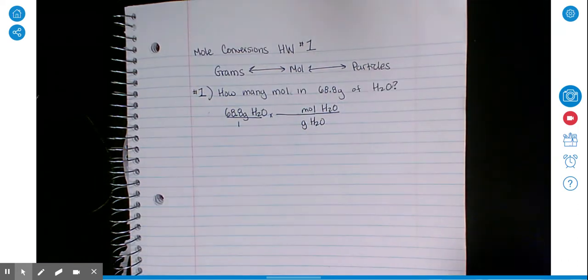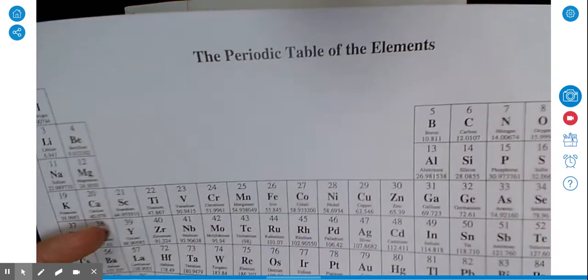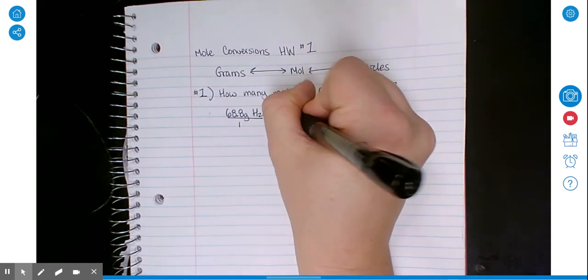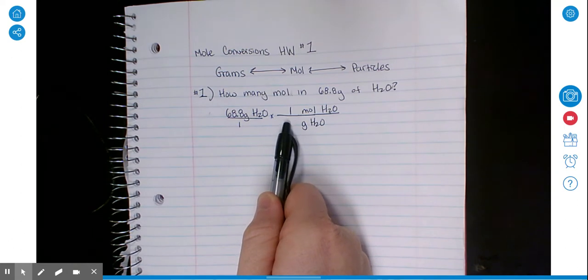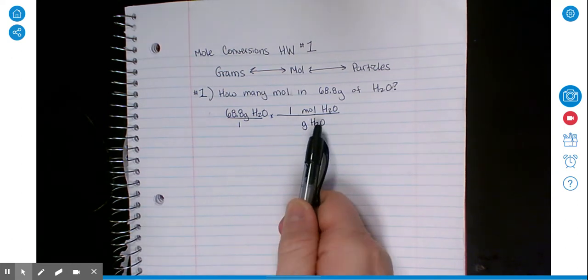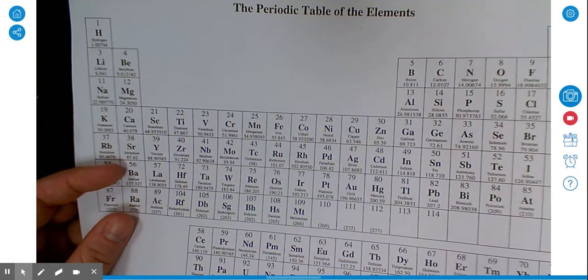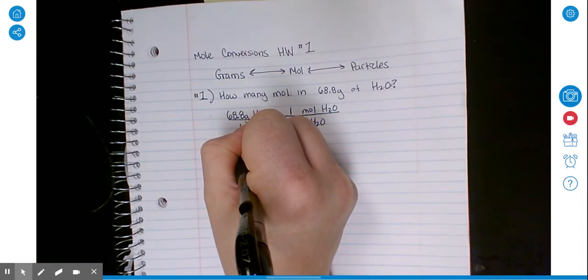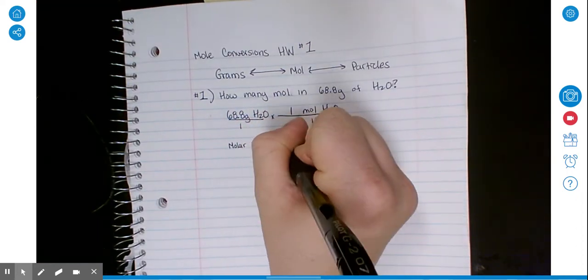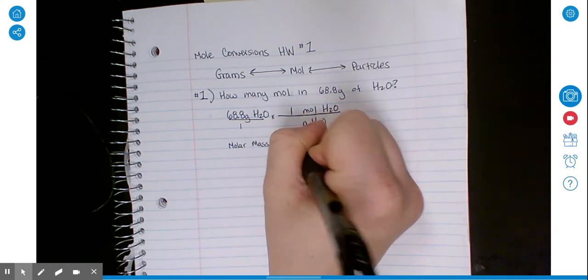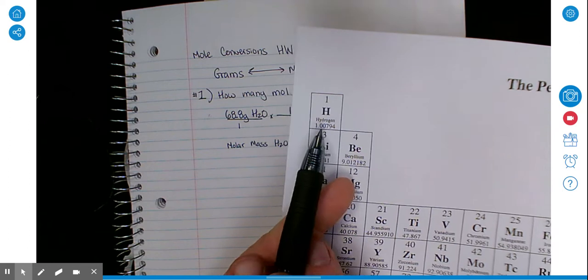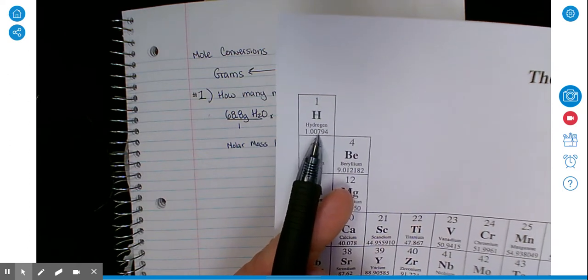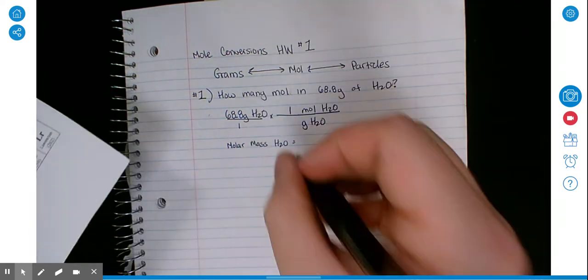And using my weights, I know that 1 mole of water contains blank grams of water. Now, water is not something you can find on the periodic table. So the molar mass of H2O would be 2 hydrogens, so 2 times 1.007. For our purposes, that is 1.